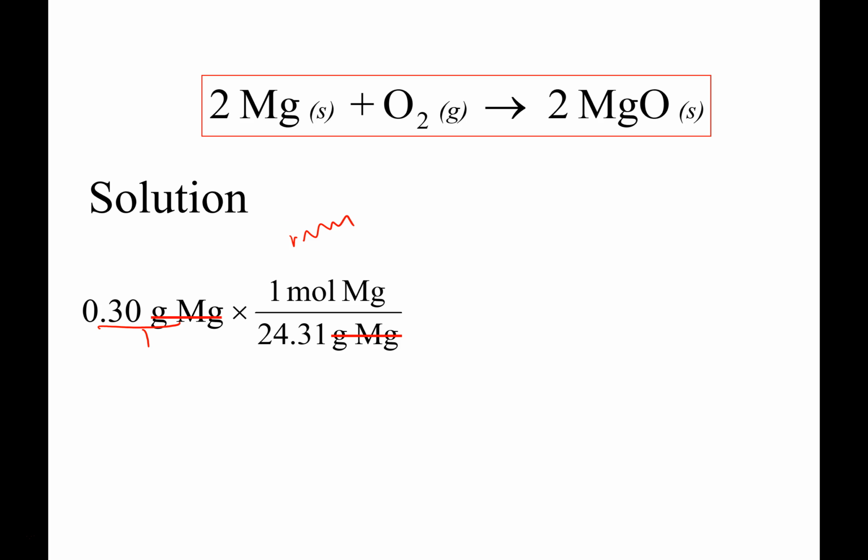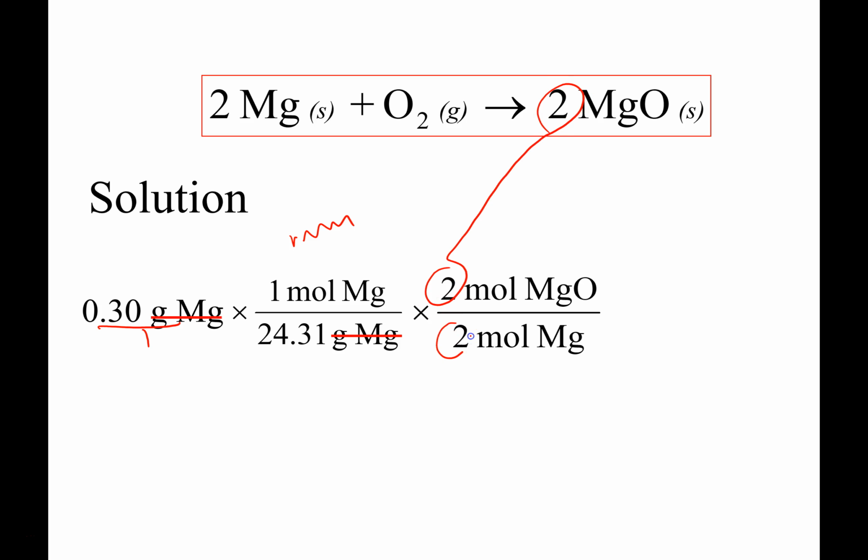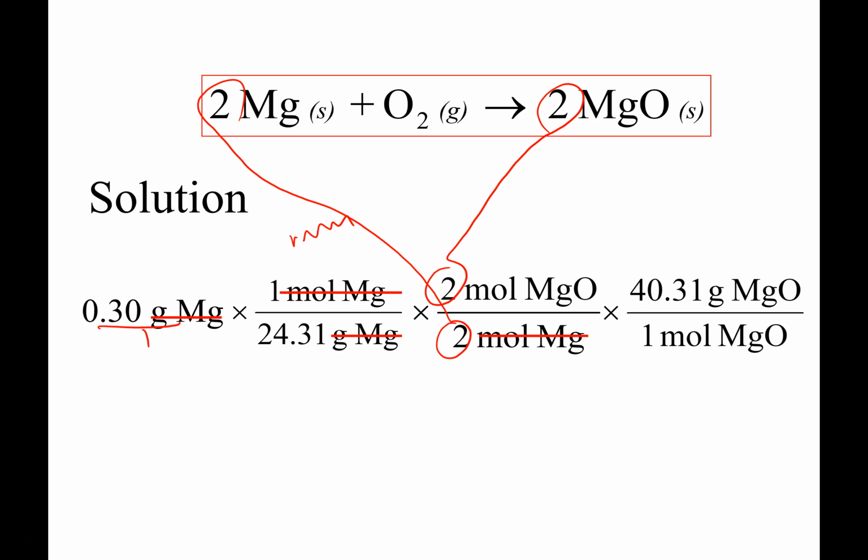We're on our way to magnesium oxide. 2 moles of magnesium oxide over 2 moles of magnesium. Yep. This 2 came from here. Perfect. And so what's the last one? The molar mass of magnesium oxide, exactly. So we'll go with 40.31 grams of MgO over 1 mole of MgO.